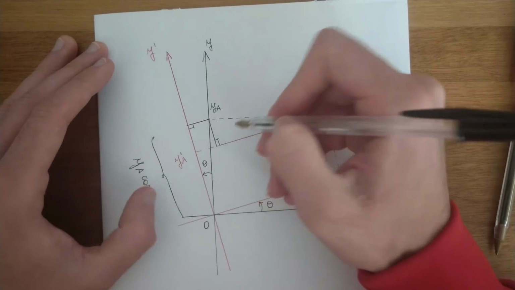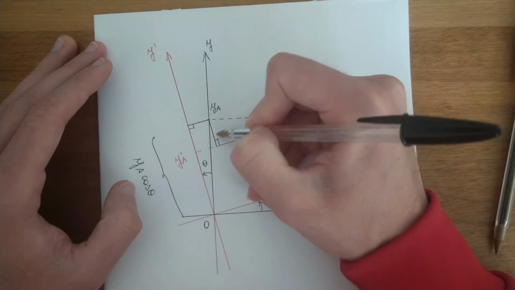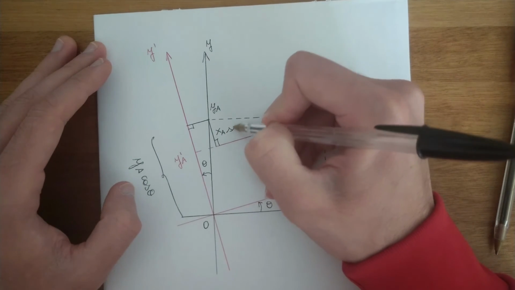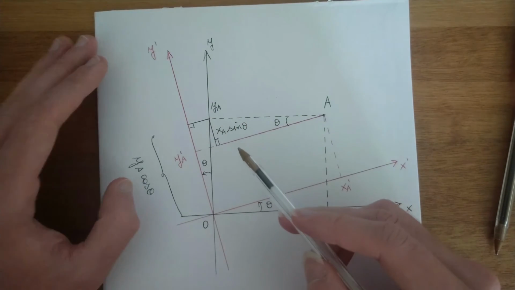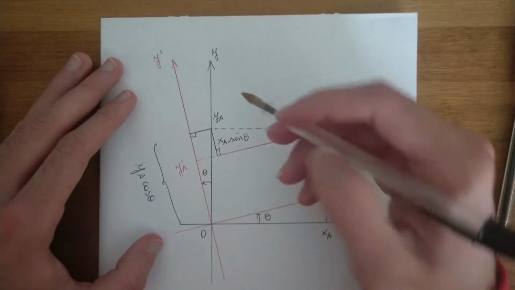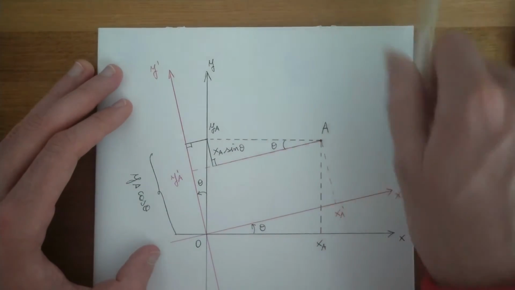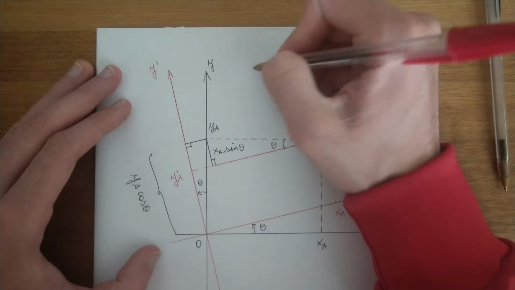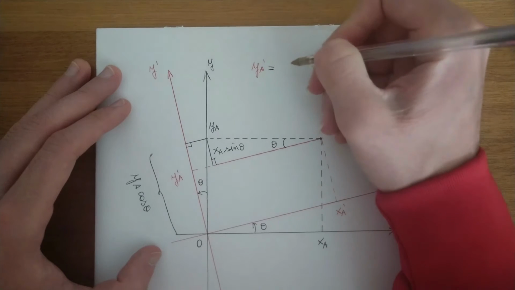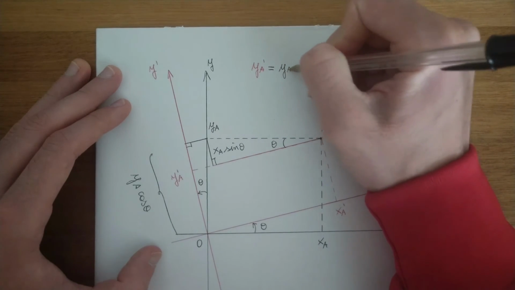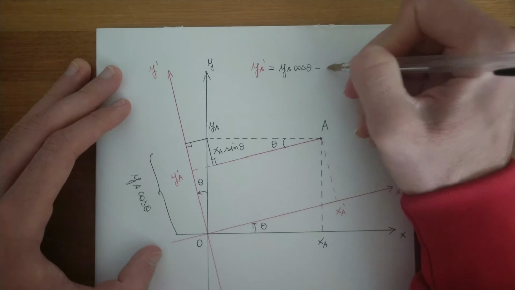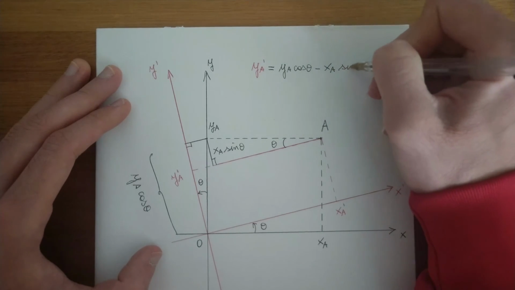So I will write xa times sine theta. And so ya prime will be this one. Let's write it in red. Ya prime is equal to ya cosine theta minus xa sine theta.